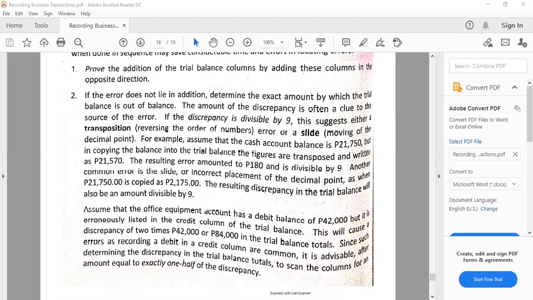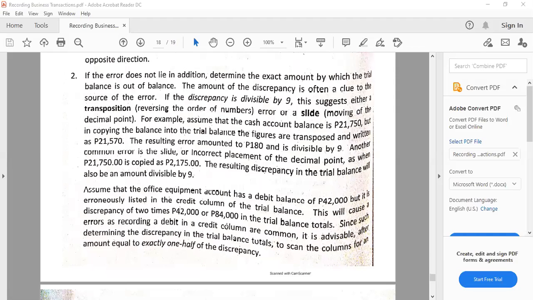On the other hand, if let's say we just reduced or added a 0, like 21,750, but it is copied as 2,175, then the difference would also be divisible by 9. So it could also be a case of a sliding error. So either transposition or slide error.